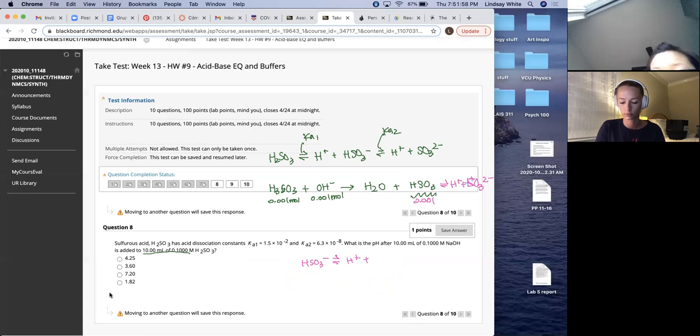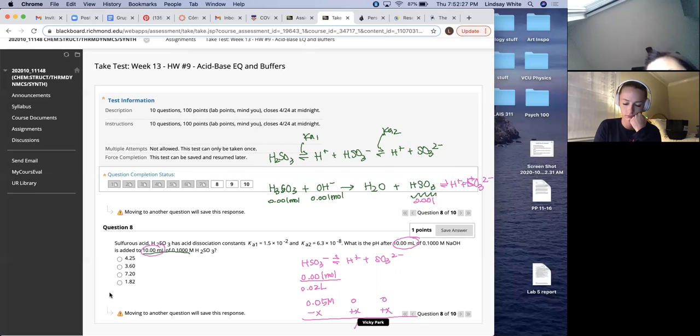Start out with that many moles, but then divided by total volume, which is 10 plus 10, which is 20 milliliters, 0.02 liters. That's 0.05 molarity, 0 minus x.